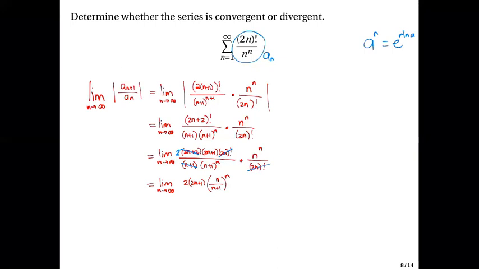So you can always use this. Which means this guy here, you will have the limit as n approaches plus infinity of 2 times 2n plus 1. And then you will have here e raised to n ln of n over n plus 1.